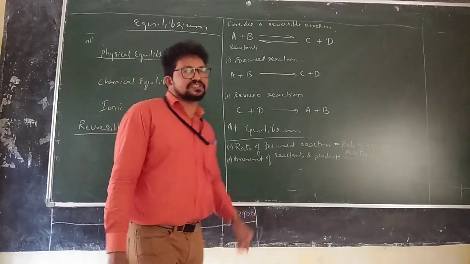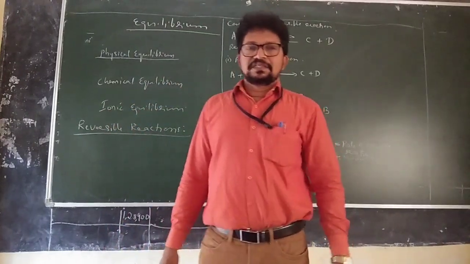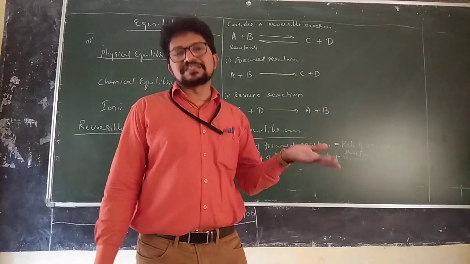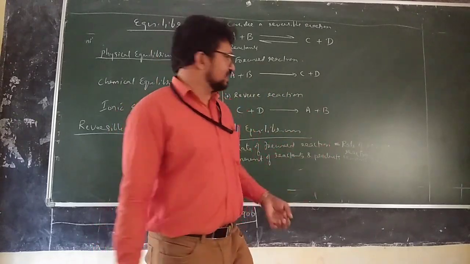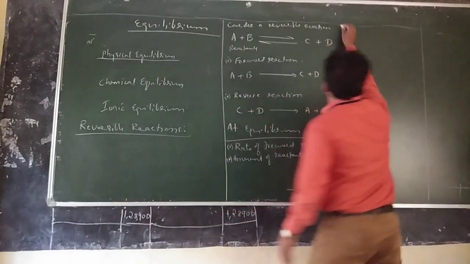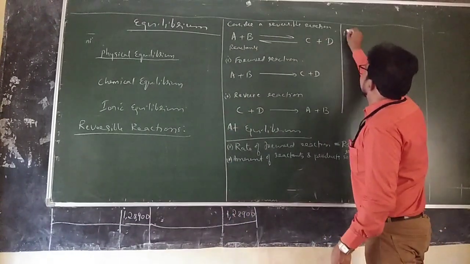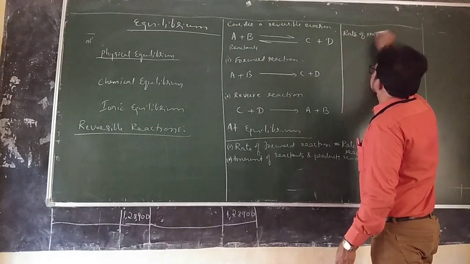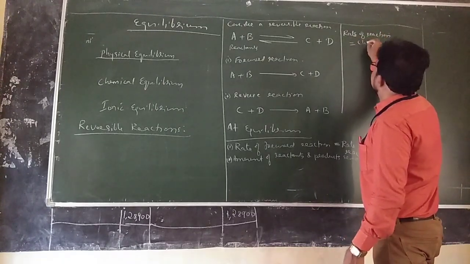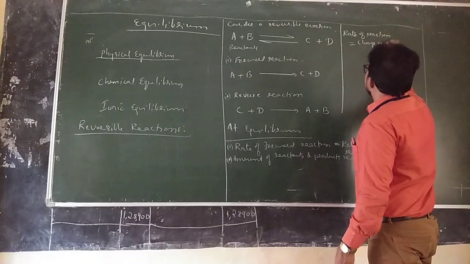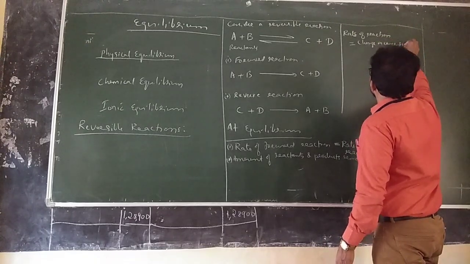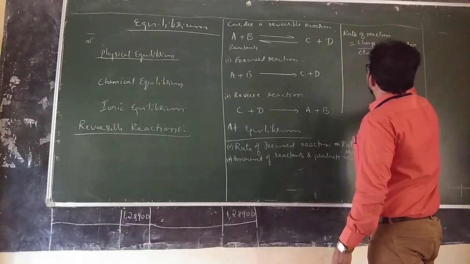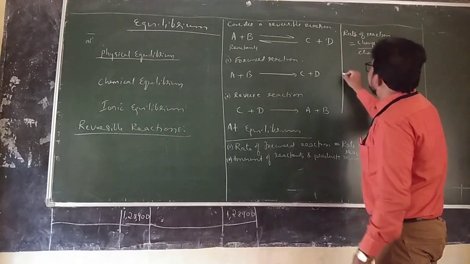The only thing that has happened is that the rate of forward reaction is equal to the rate of reverse reaction. What is rate of the reaction? That is change in concentration upon change in time. That also you can write. And the unit of rate also you can write. Rate of reaction is change in concentration upon change in time. Then what is the unit of rate?